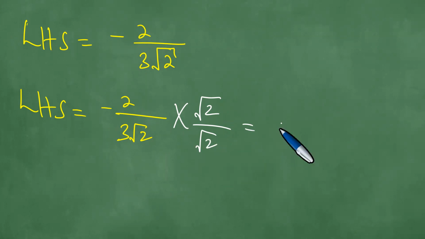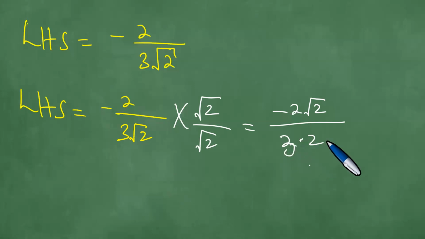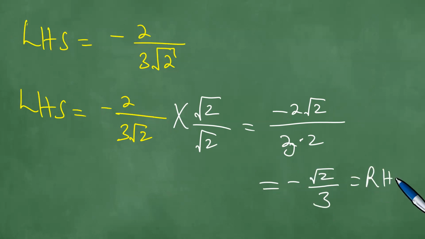Yeah, multiply like this. So if you do that, you have minus 2 square root of 2 in the numerator, and in the denominator square root of 2 by square root of 2 is what? It's 3 times 2. 2 cancels, which is minus the square root of 2 out of 3, which is the right-hand side.